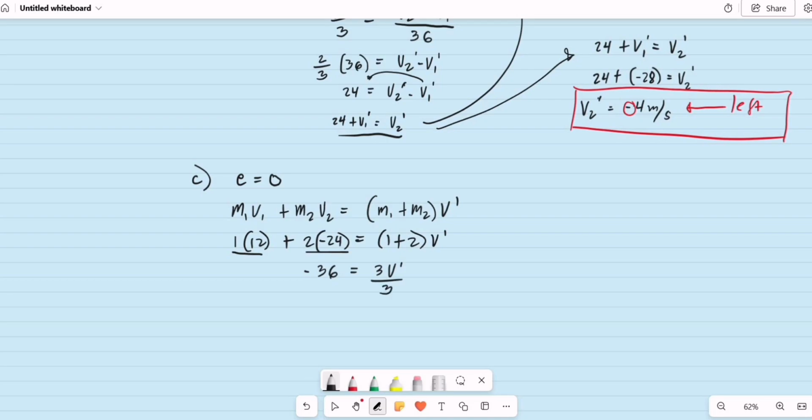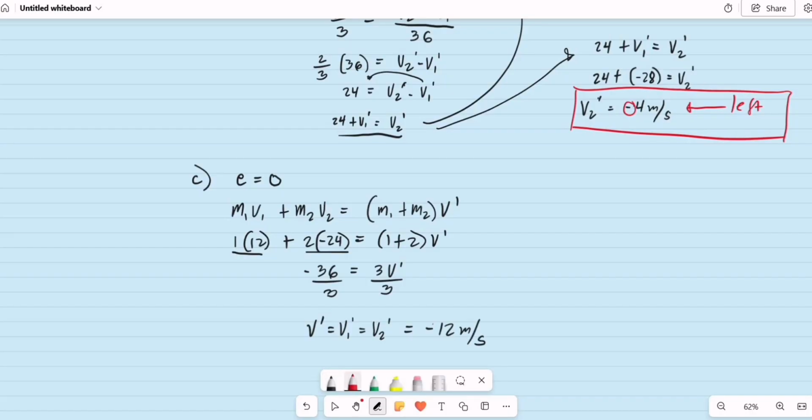Dividing both sides of the equation by 3, we have b prime, which is the same as b sub 1 prime and also b sub 2 prime, just one velocity, equal to negative 12 meters per second.